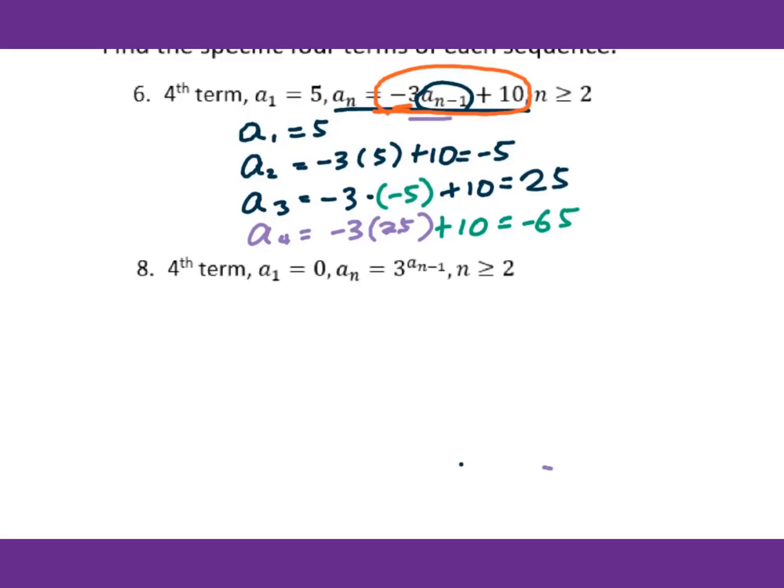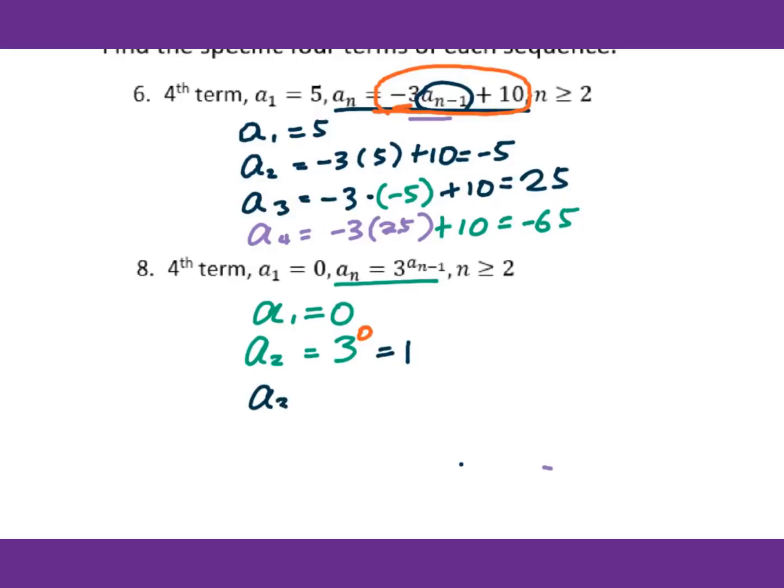For number 8, that means 3 to the previous term's power. We got a sub 1 equals 0. So a sub 2 equals 3 to the previous term power. Therefore, you get 1.